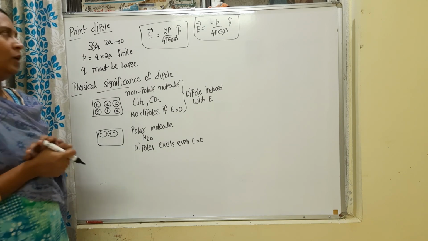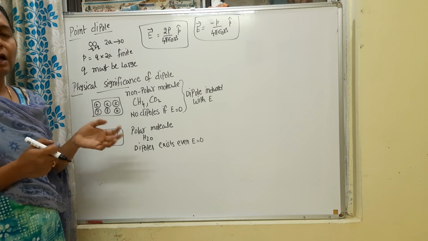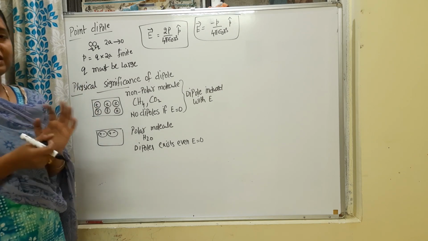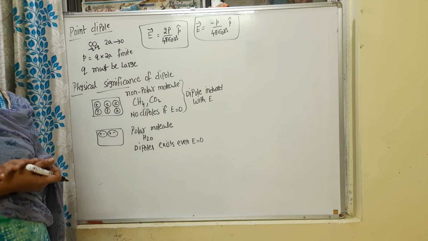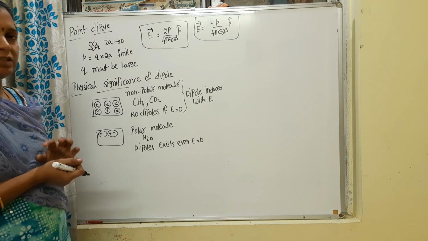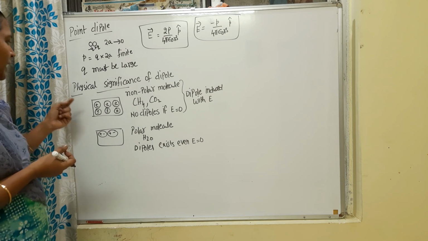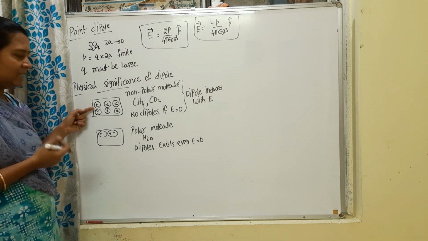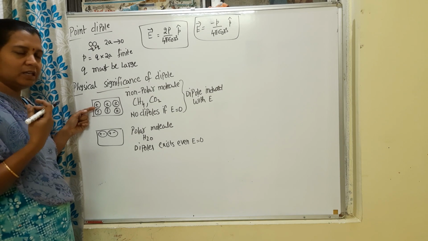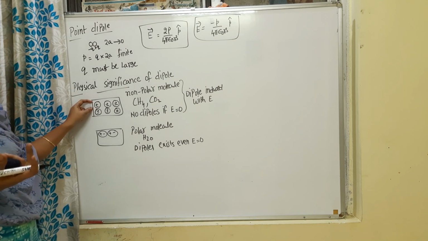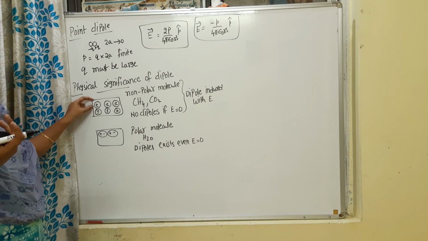Right. And why do we need to discuss a dipole? What is its significance or importance? Right. Suppose you consider some molecules in which the center of gravity of positive and the center of gravity of negative charge are coinciding, because it is an atom.